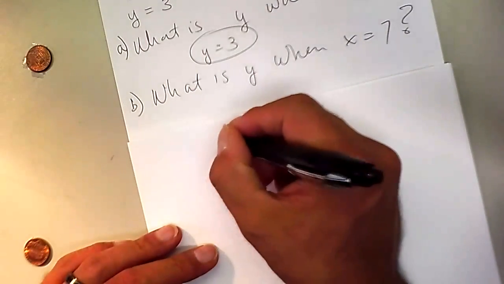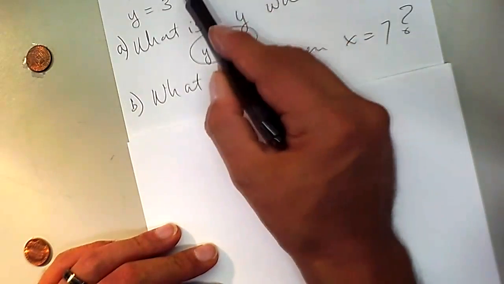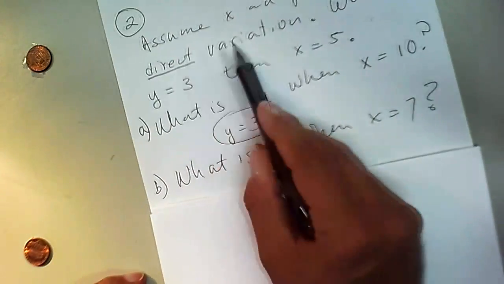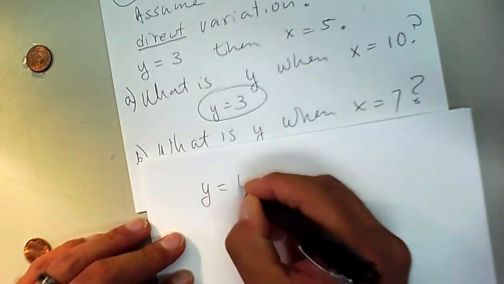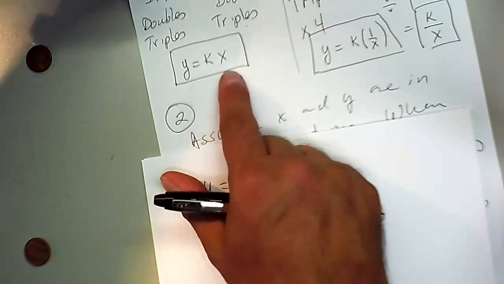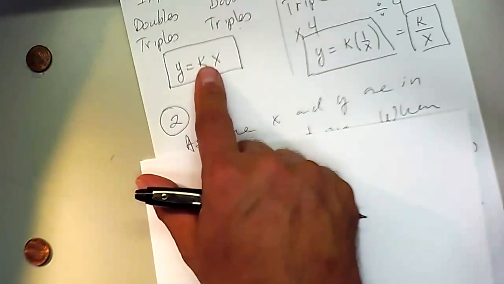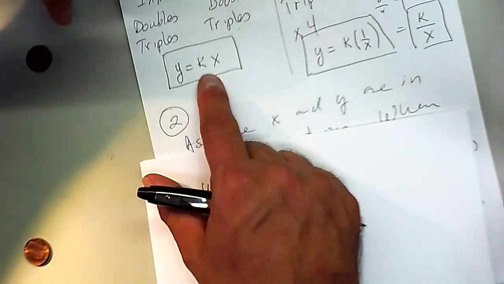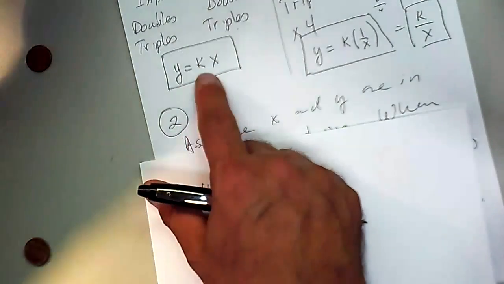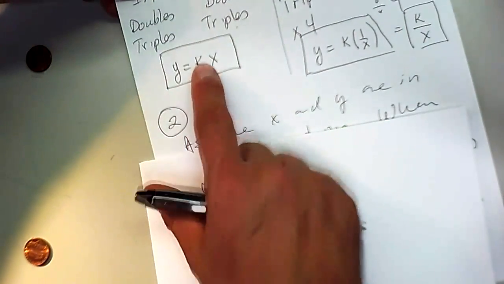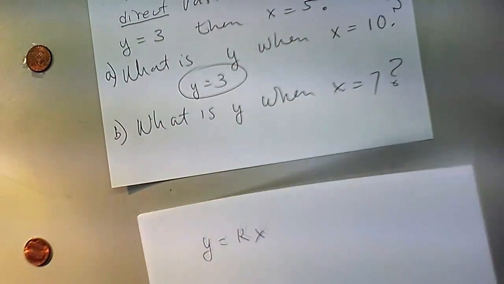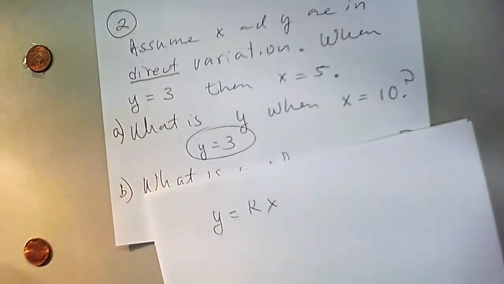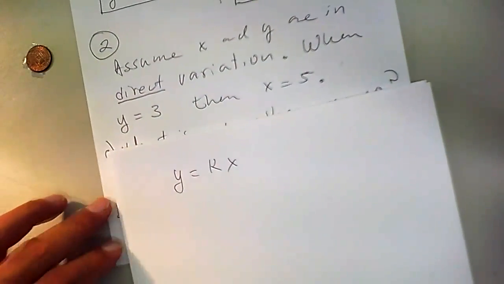All right. So first, we use the direct variation piece of information. That tells us that y is equal to a constant times x. That's what direct variation means. So whenever you hear direct variation, try to bring this back to your mind. We do not know the constant of variation, but they do give us initial information.